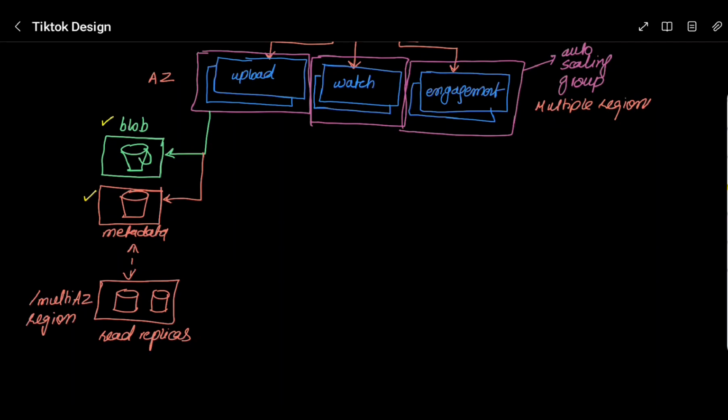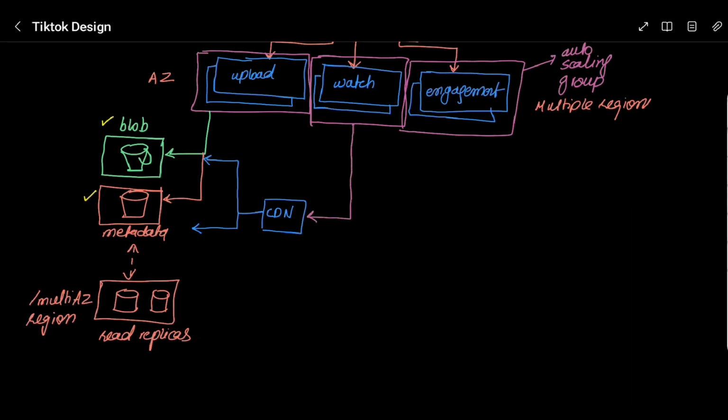So one good thing can be that we use a CDN in front of retrieving data from S3, and we can also store some metadata over here. So let me just draw an arrow from watch to CDN.